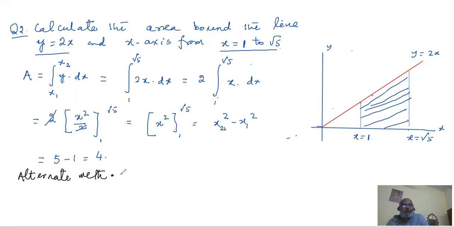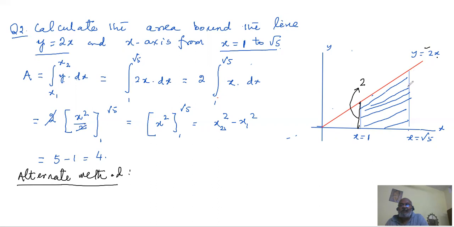We do know the area that we are seeing is nothing but a trapezium. First of all, you have to find the y values or the lengths of the parallel sides. This is the y at x equal to 1. You know the equation of the straight line is y equal to 2x. When you put x equal to 1, this height will be equal to 2.